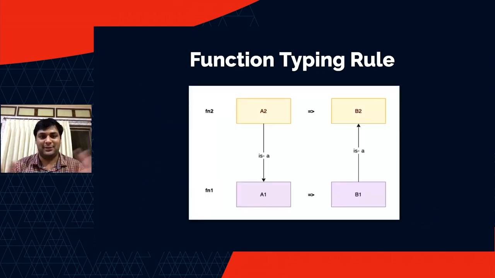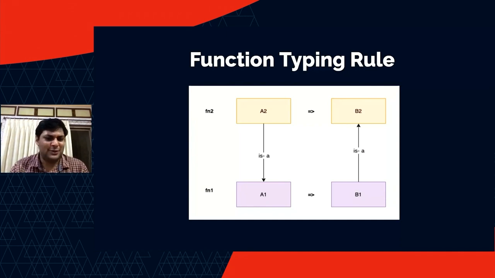So let's start with the diagrammatic answers. As we can see, Function2 is A2 to B2, Function1 is A1 to B1, and on the input end we are contravariant, so A2 is a subtype of A1. On the output end we are covariant, B1 is a subtype of B2.